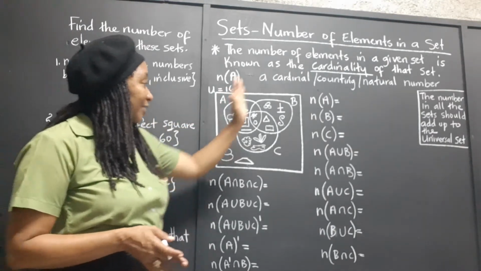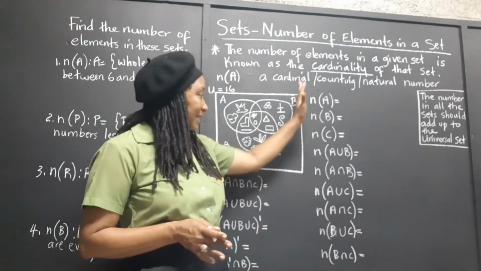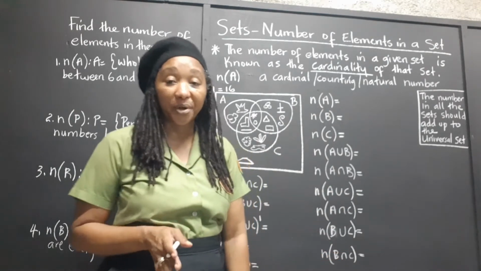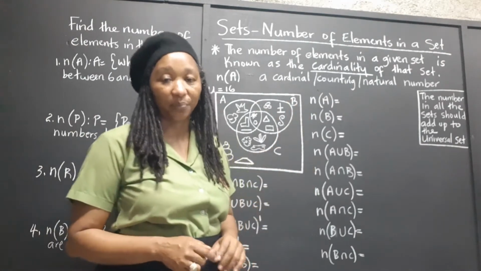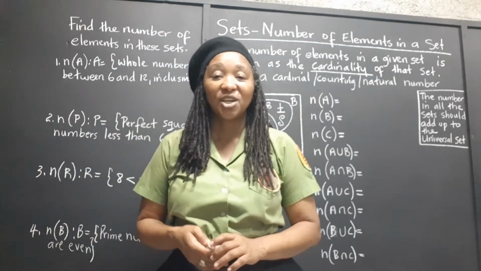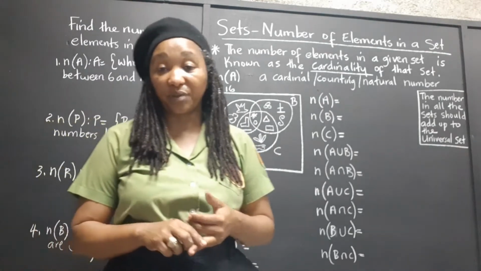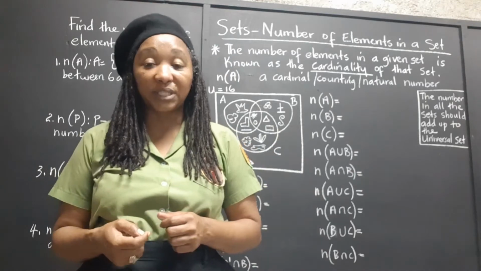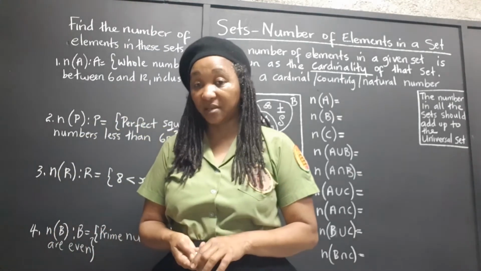So now, let's go down and count the elements that are in these descriptions. Now remember, these are written using set notation. If you're not familiar with set notation, just check the playlist, the grade 4 playlist or the grade 5 playlist, and you will find the video on set notation where I break down for you what the different symbols mean.